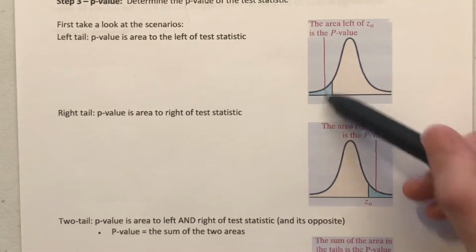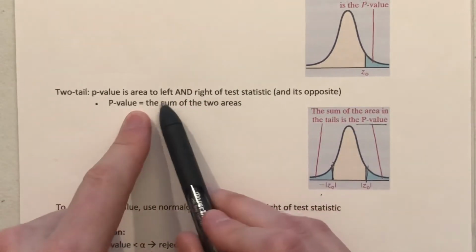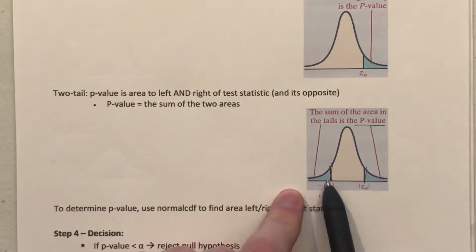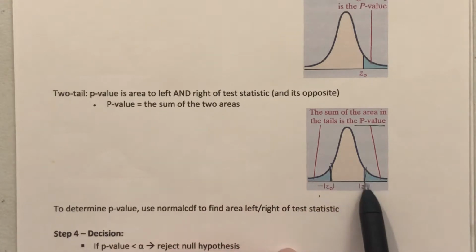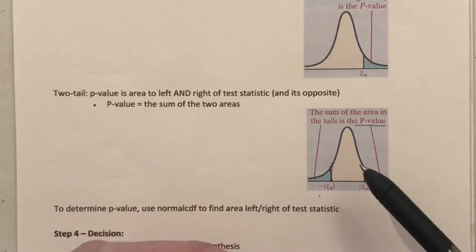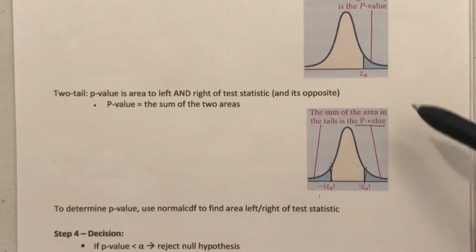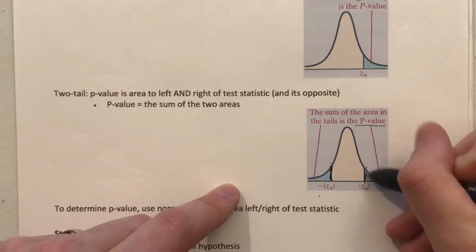In a two-tailed test, you are summing up the areas to the left of and right of that value, keeping in mind it has to be the positive and the negative of it. You only get one value when you do step 2, so you'll calculate that test statistic, but for a two-tailed test, you use it as both a left and a right boundary.